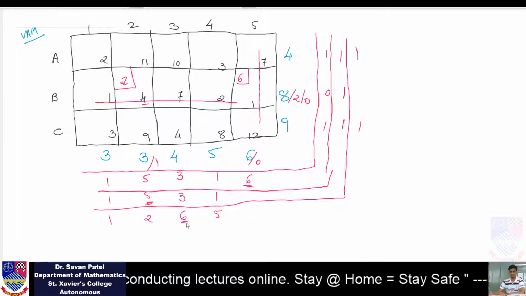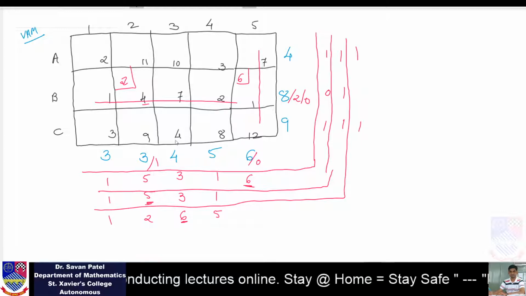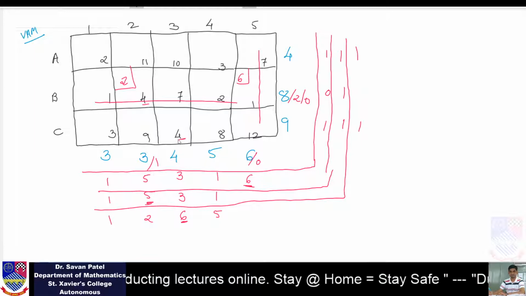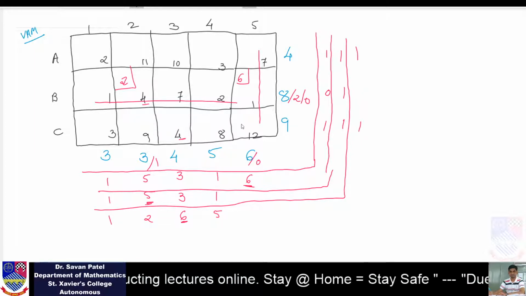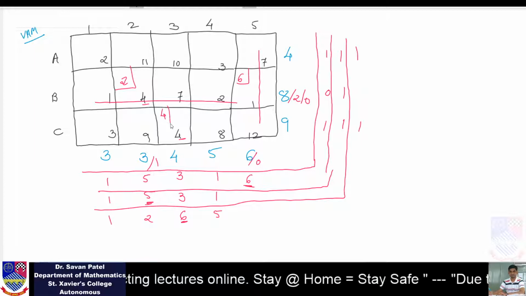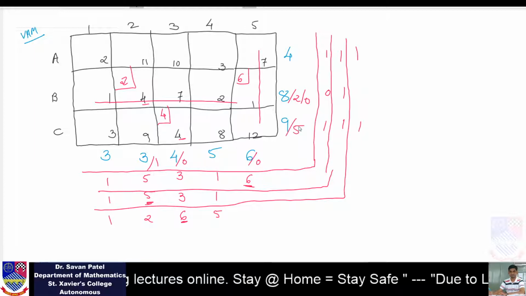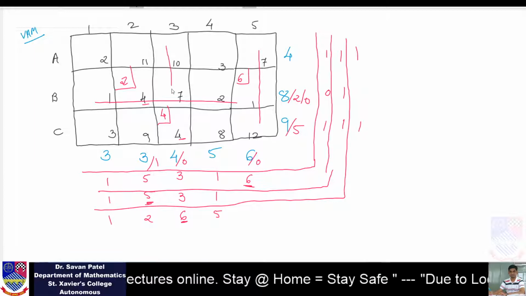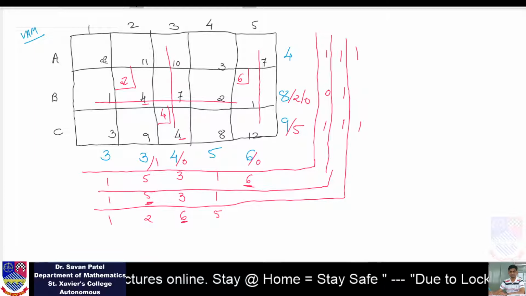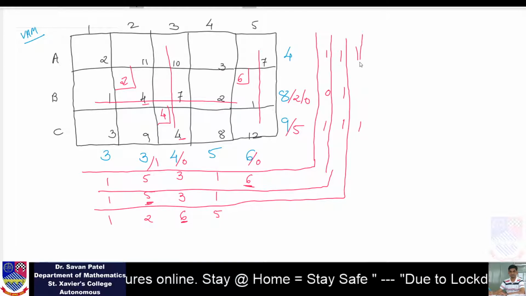So the maximum is 6, so we will select this column and its minimum is 4, so we will allocate whatever is the maximum possible, that is 4, and for 9 the possibility is 4, so we will allocate 4 here. So here we are left with 0 and here we are left with 5. So this column is now removed. Now again we will continue.